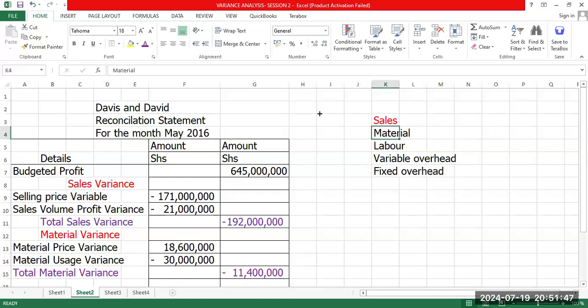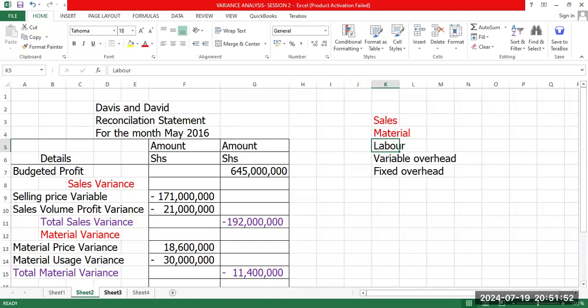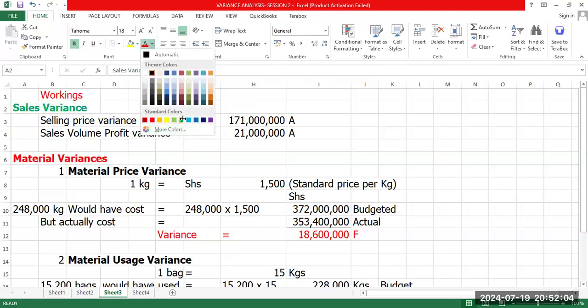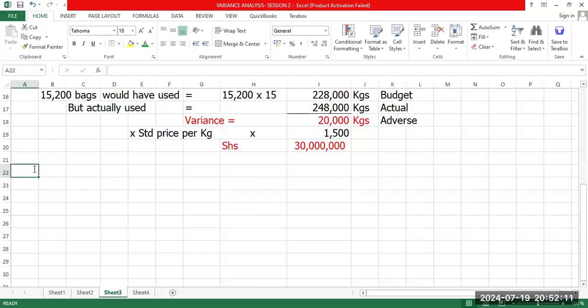We are done with this now. We go to the next, labor. Next, this was materials. Next, we go to labor variance.